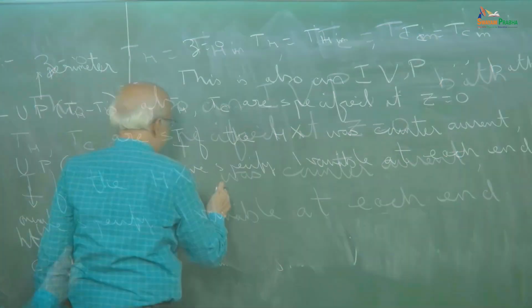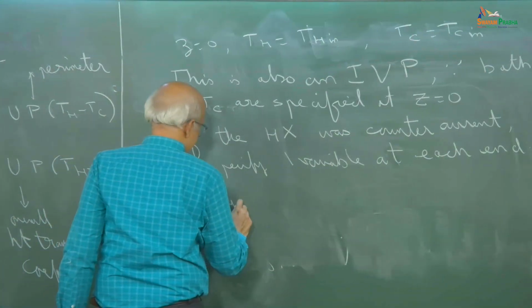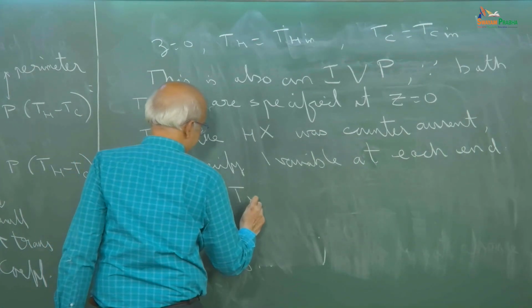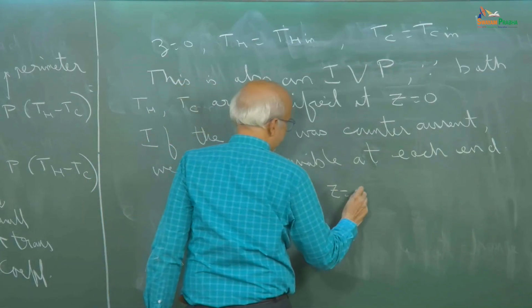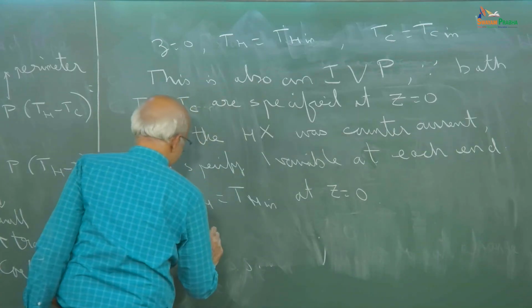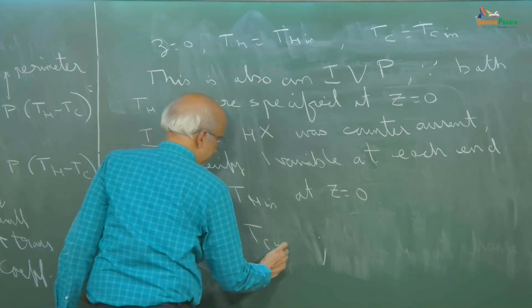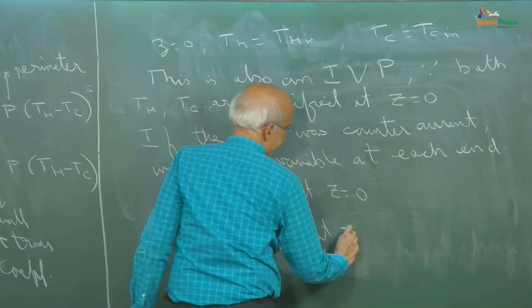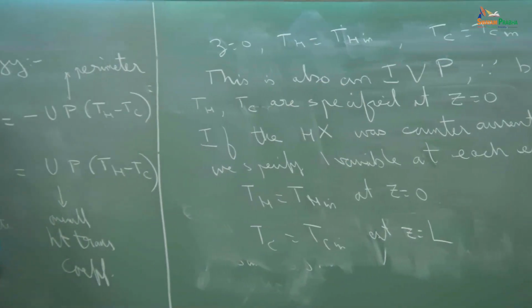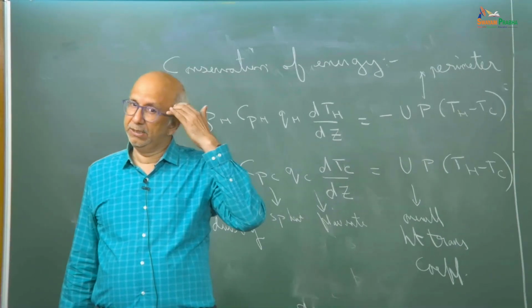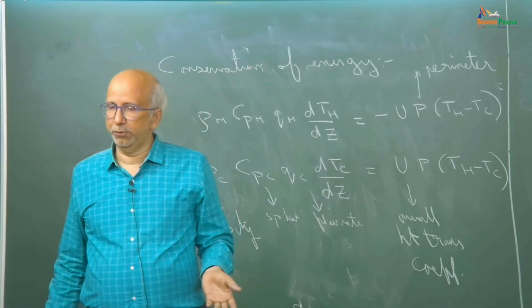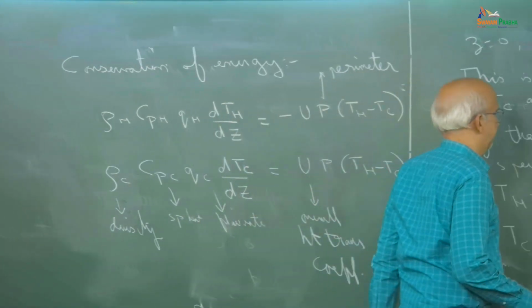So, for example, say Th is equal to Th in at Z equal to 0 and Tc is equal to Tc in at Z equals L. Now, this is not an initial value problem, because the two variables are specified at two different points.